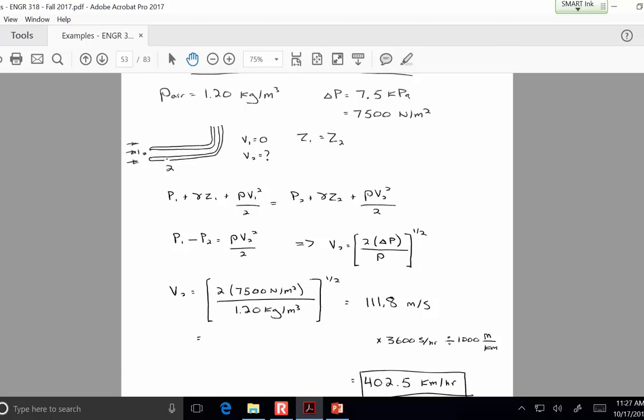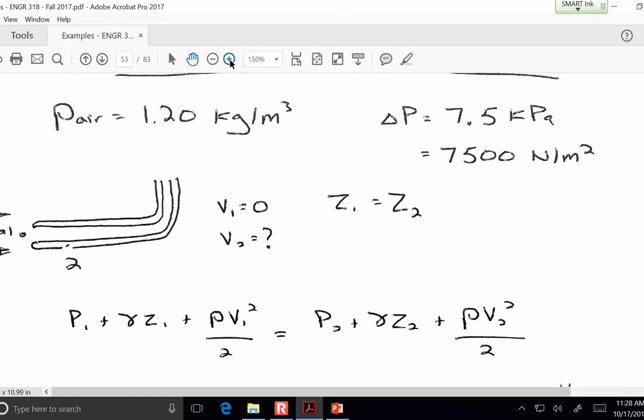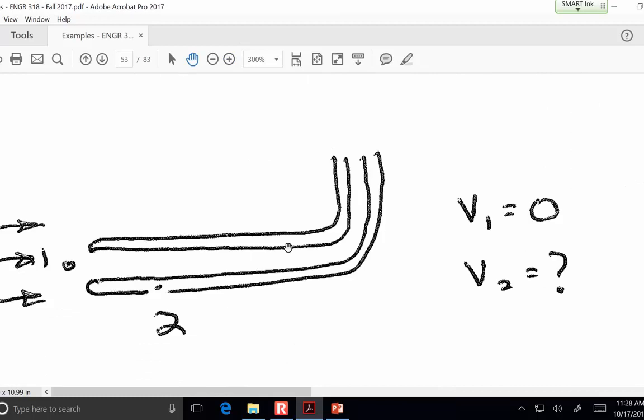Now, by location 2, what we should say is that it's just on the outside of that opening. It's not the velocity inside the pitot tube. So maybe I drew my drawing a little bit sloppy, because if you look where I put that dot, I said location 2 is on the inside of the pitot tube. I was wrong, dead wrong.